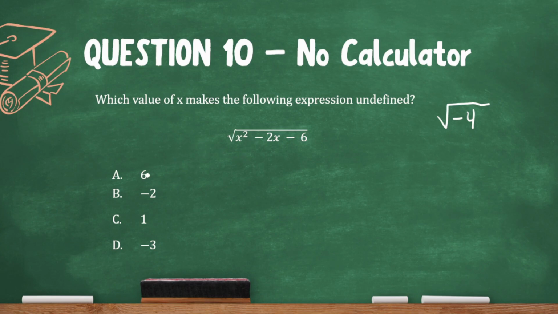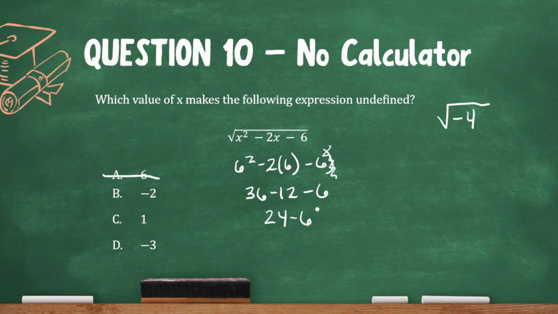So let's try the first one. 6 squared minus 2 times 6 minus 6. 6 squared is 36 minus 12 minus 6. And then 36 minus 12 is 24 minus 6, and that would still be a positive number, so that would not be undefined.